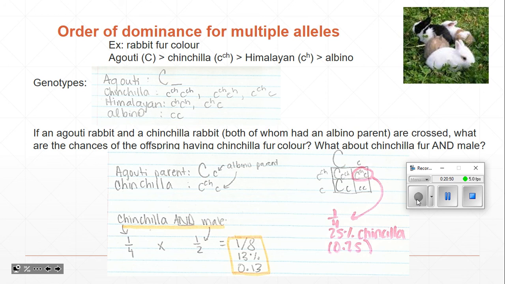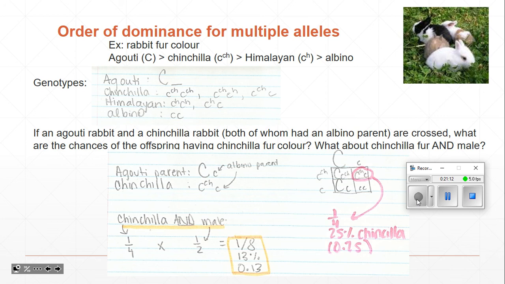If a parent is albino, that's the only allele that they have, and because of the law of segregation, each parent has to pass on one and only one copy of the gene. So I know that the second allele is going to be the little c. For my chinchilla rabbit, it's sort of the same scenario. They have the chinchilla allele, but their second allele is the albino one.